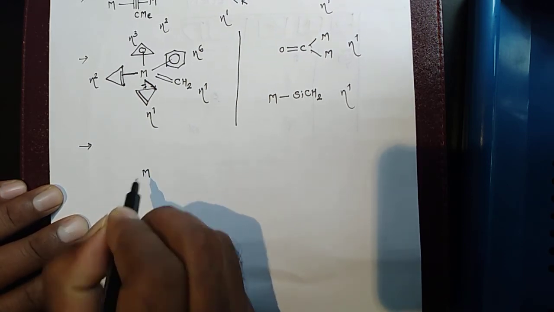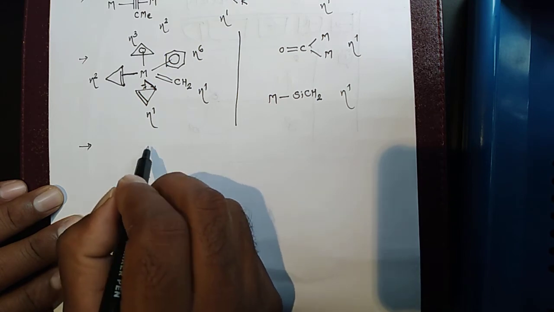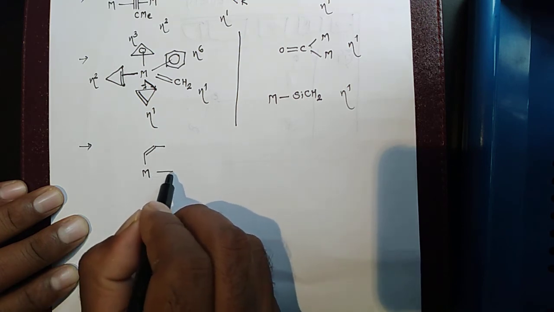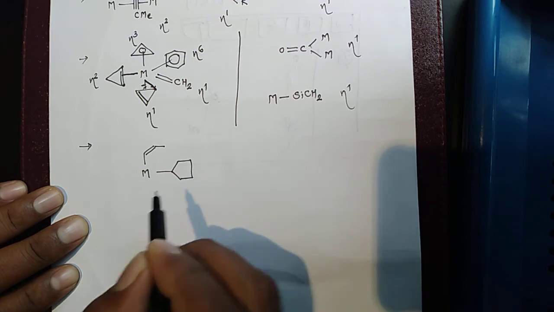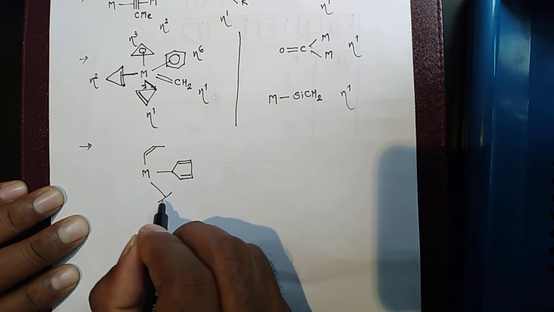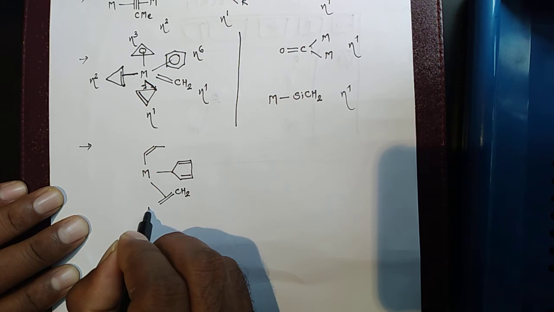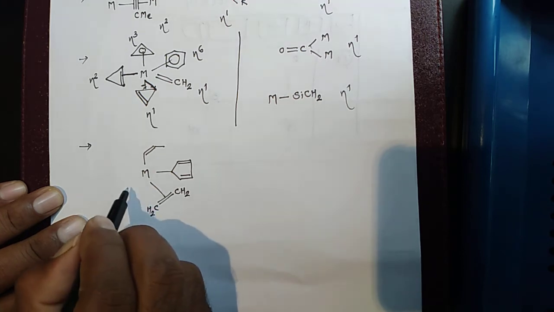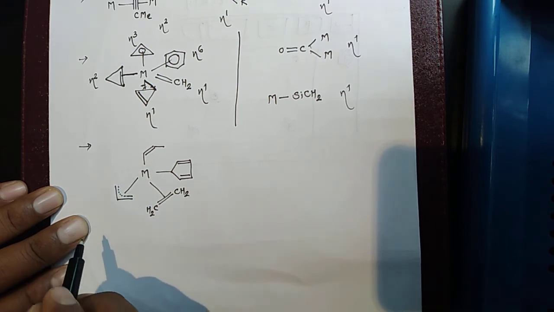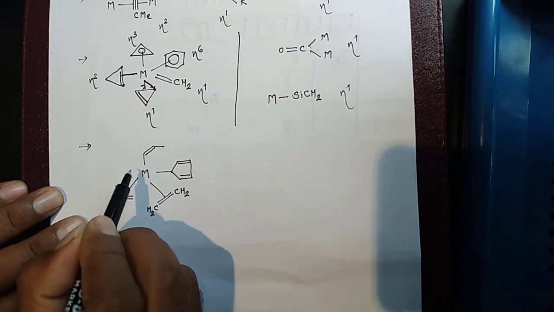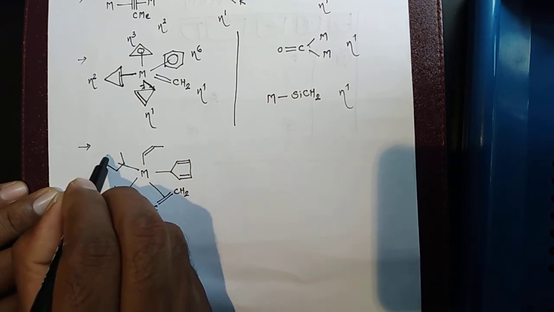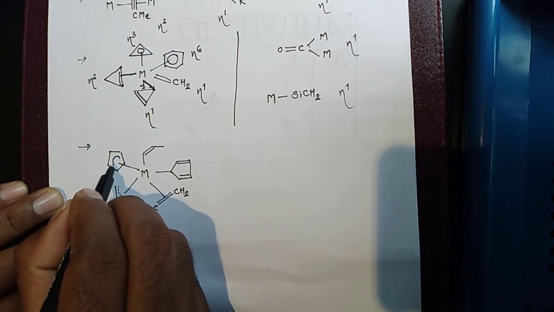Yes, I will write down the total compound, the metal, this ligand, then this is another one, then this is a double bond or ethylene molecule, then here, and then here, this is a 5 membered ring.